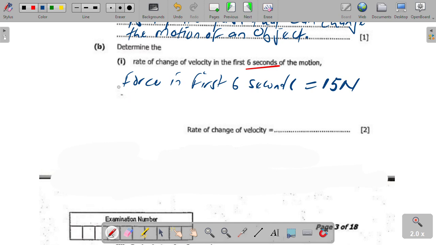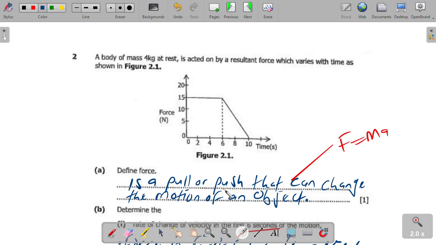Okay, what about our mass? Our mass we are given in the question, 4 kg. Here is our mass, so don't be lost. And we're actually looking at this part of the graph.